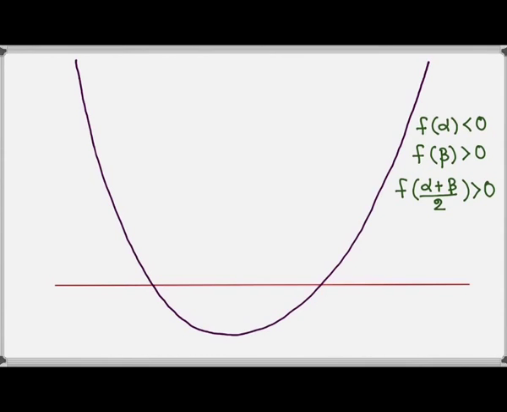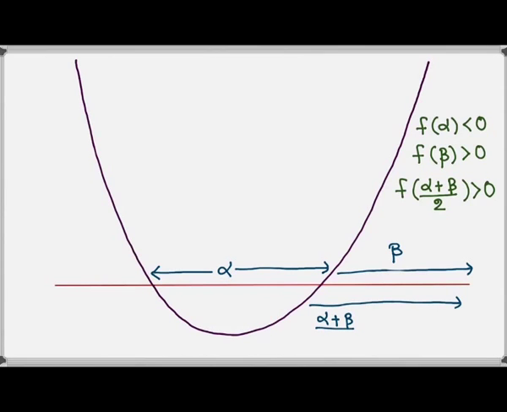Therefore, alpha is somewhere here in this region and beta is somewhere in this region, and alpha plus beta by 2 is somewhere in this region. For simplicity, let us take this point to be alpha, this point to be beta. So alpha plus beta whole divided by 2 will be somewhere here.